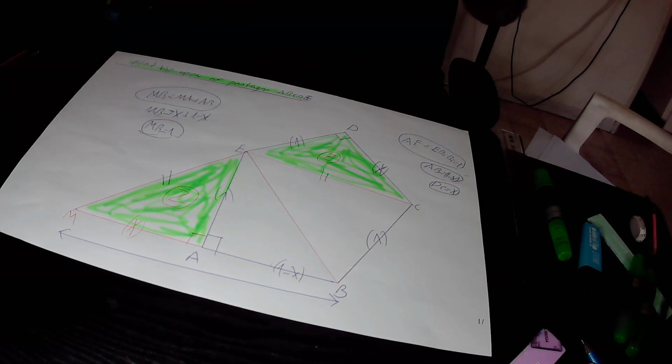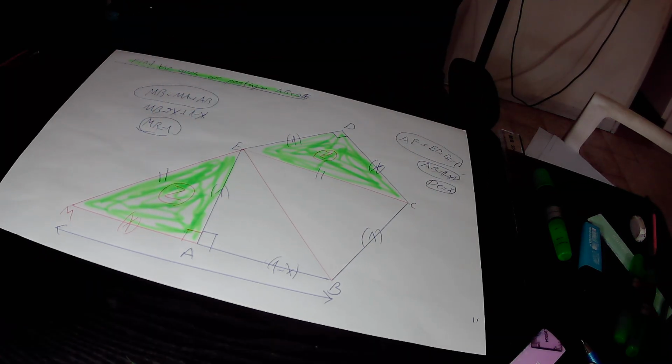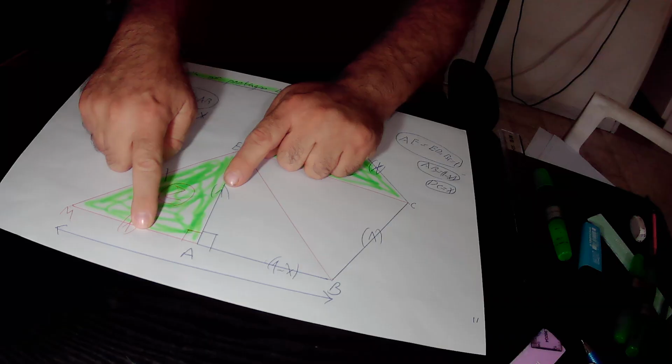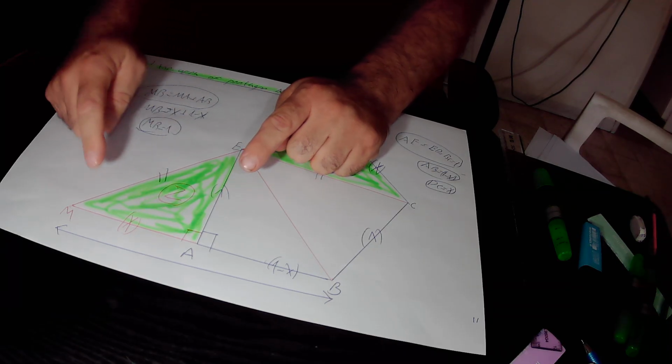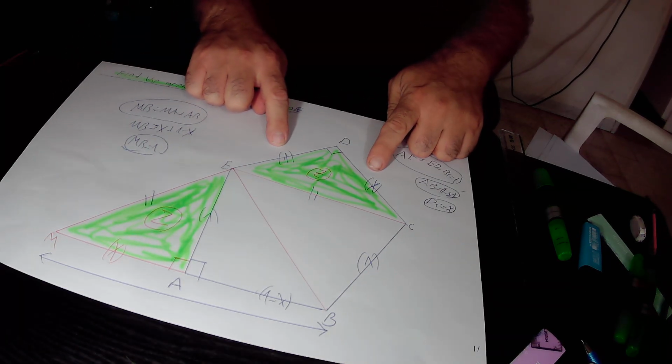So we found out that those two right green triangles can go into each other according to the side-angle-side rule. That is to say, those two sides and the angle that is included between those two sides, that is a right angle, in this right triangle EMA are correspondingly equal to those two sides and the angle that is included between those two sides, that is also a right angle, in this right green triangle EDC.